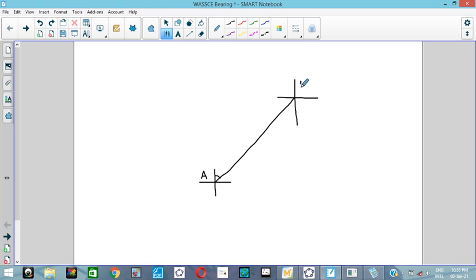So this is B. This angle here is 53 degrees. Very important. So from A to B is 53 degrees, so take note of that. The angle is very important, and we are moving to B.